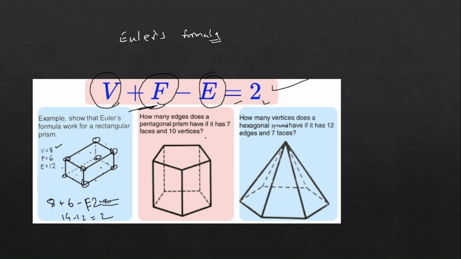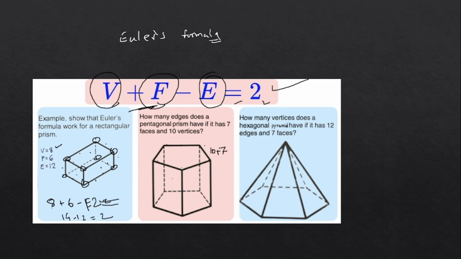How many edges does the pentagon prism have if it has 7 faces? How? 1, 2, 3, 4, 5, 6, 7. Faces are 7. How many vertices are there? 10. How? 1, 2, 3, 4, 5 and 5, 10.